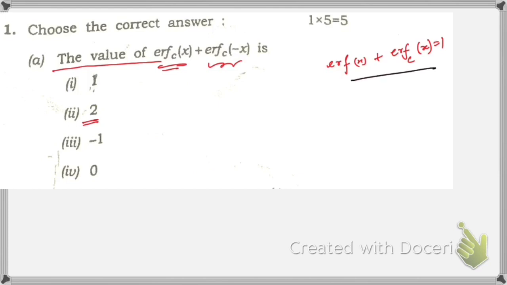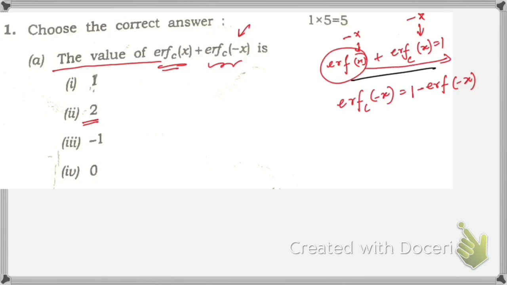Applying this rule here, complementary error function of minus x is equal to 1 minus error function of minus x. Just replace this x by minus x, then the other x should also be replaced by minus x, and this term is transferred to the other side, so we have got this result.